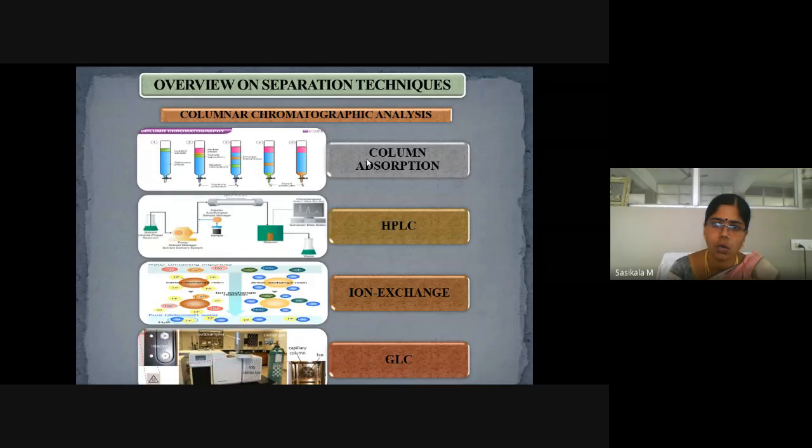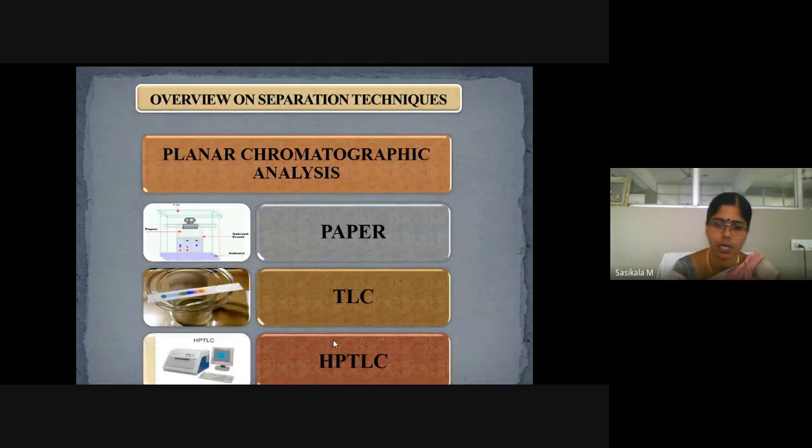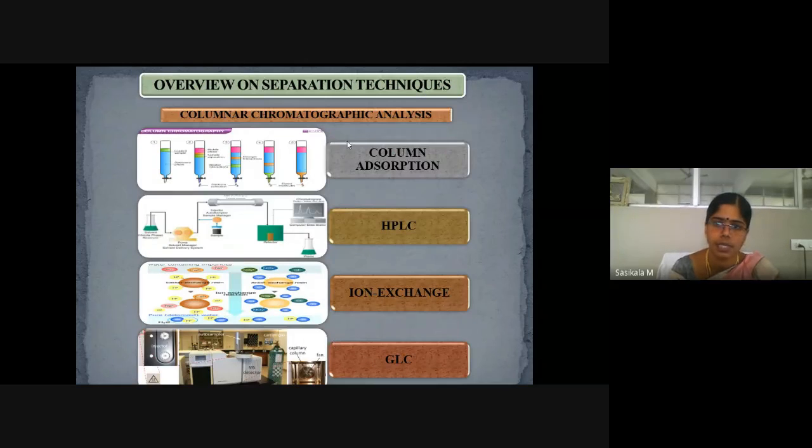After isolation by column adsorption, we will carry on with HPLC or GLC for quantification, or we can go with spectroscopic analysis for quantification purposes, or we can use HPTLC for quantification after isolation. Column adsorption is mainly used for isolation, and for quantification we can prefer HPTLC, HPLC, or GLC according to the nature of the sample.